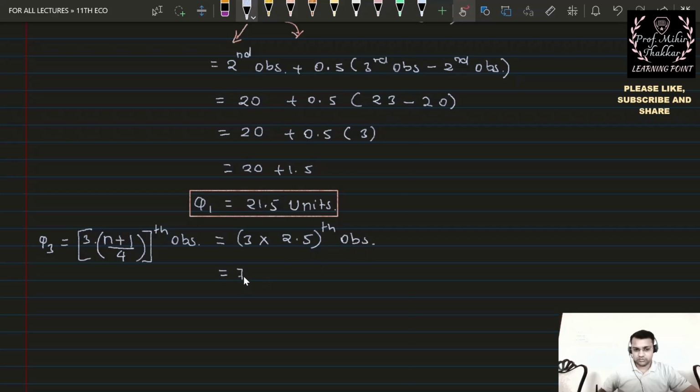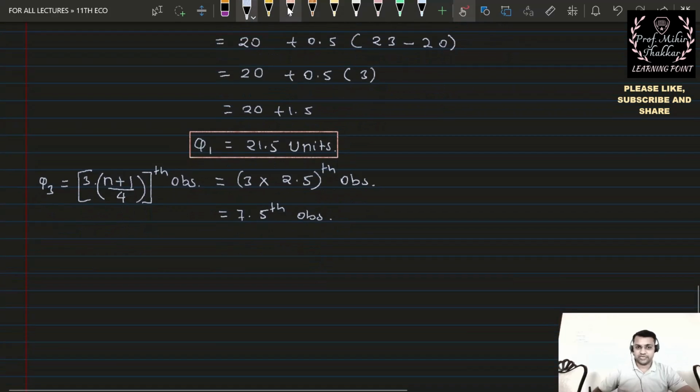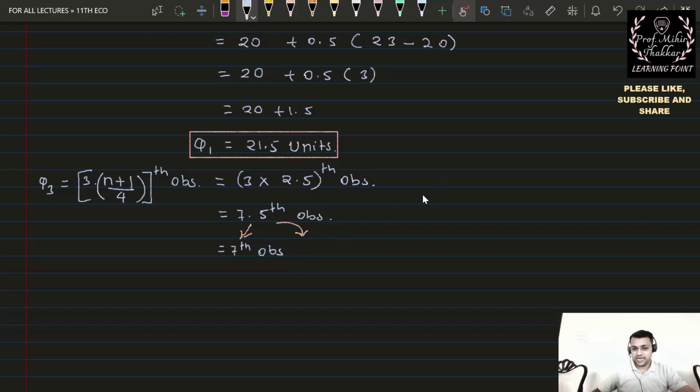which comes out to be equal to the 7.5th observation. So what is the 7.5th observation? Like we did in the above case, again split it into two parts. Seventh observation is as it is, and you already know that 7.5 comes between the seventh observation and the eighth observation.